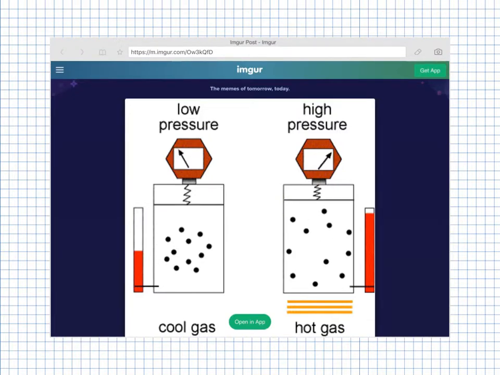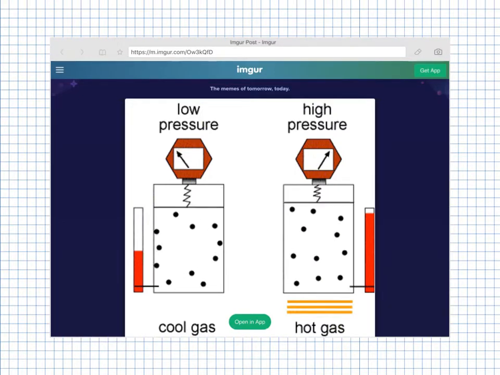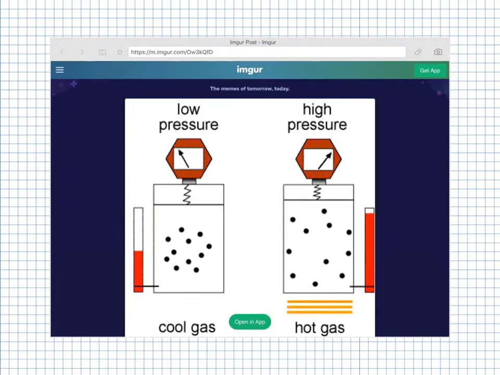As opposed to this hot gas over here on the right, where the particles are moving at a much faster rate, and since they are moving at a faster speed, they are hitting the wall more often than the container on the left, and they're also hitting at a harder force, so they've got a higher pressure.